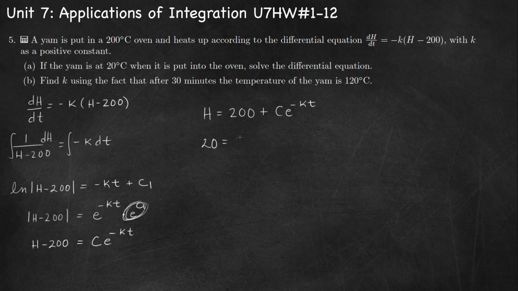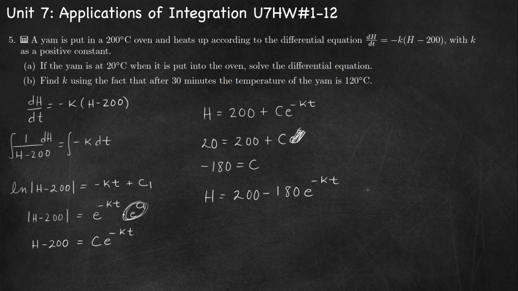So 20 equals 200 plus c e to the 0. E to the 0 is 1. So then we have 20 minus 200, or negative 180, equals c. So my equation becomes h equals 200 minus 180 e to the negative kt.